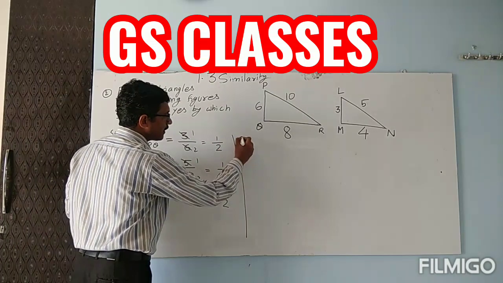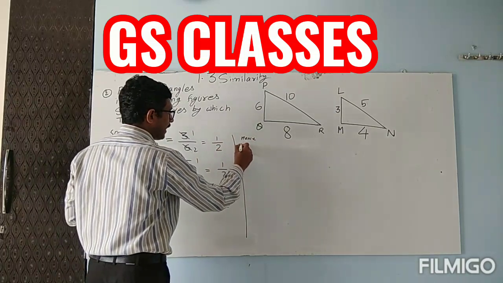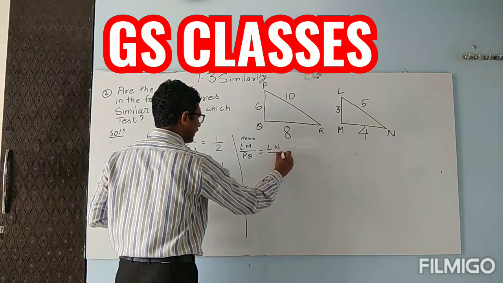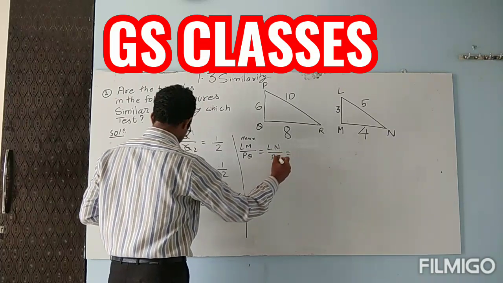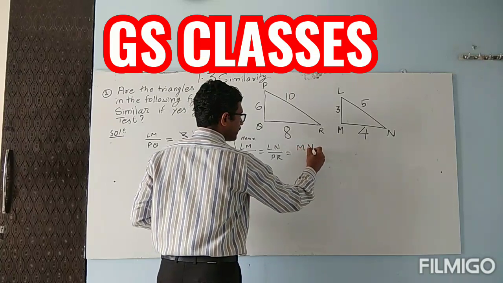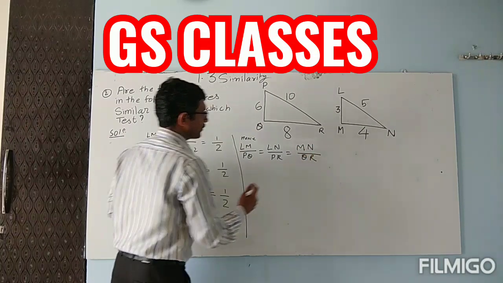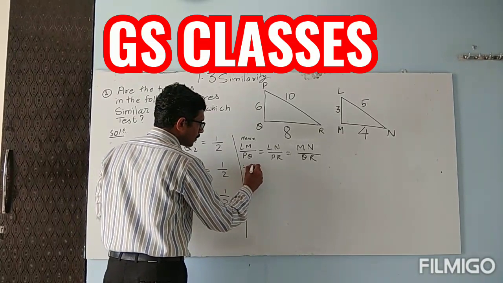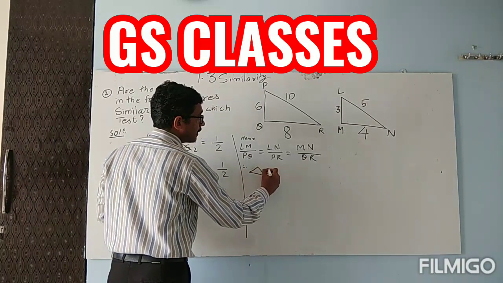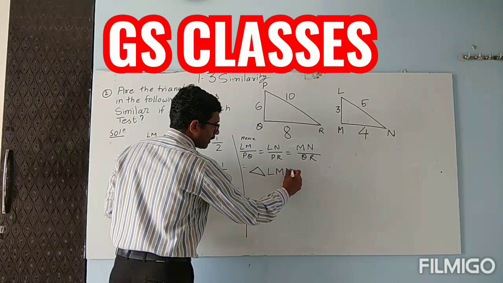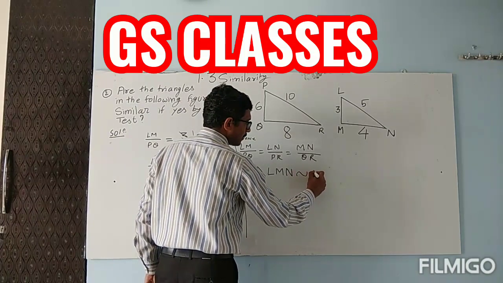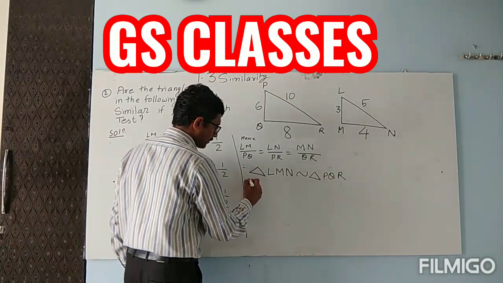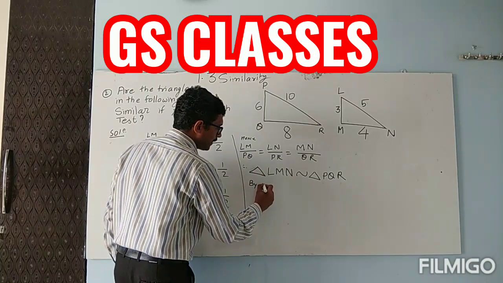Now we will say, hence LM upon PQ equals LN by PR equals MN by QR. Ratio of these sides are equal. So triangle LMN is similar to triangle PQR by which test, tell me?